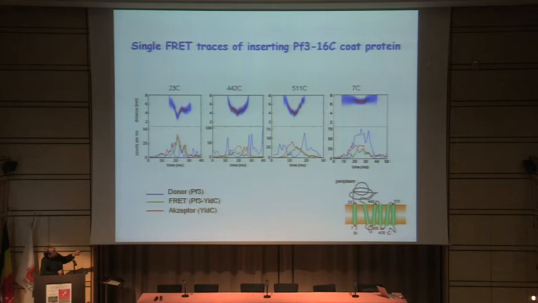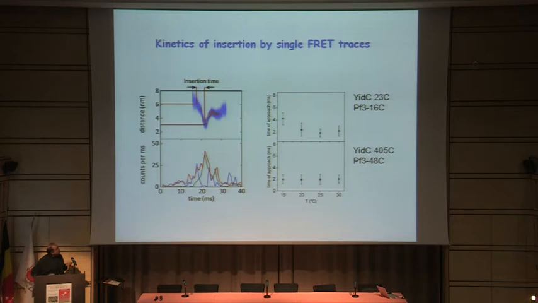Here's a control where the two cannot come together, and of course this just stays on one side, also on a single trace. So that shows that the speed is quite fast, and you can calculate the insertion time, the time from 6 nanometers to 3 nanometers distance, which is about 5 to 10 milliseconds.